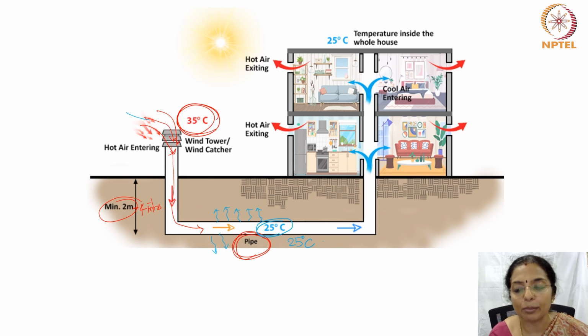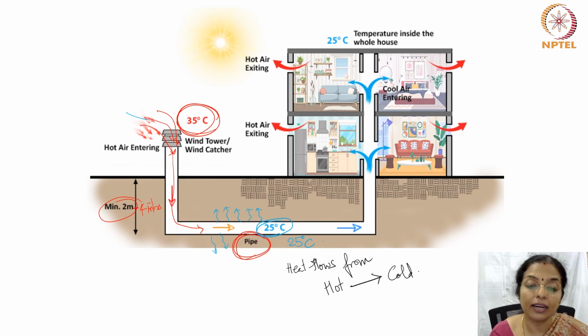Why does that happen? Simply because heat flows from hot to cold always, and not vice versa. Therefore, the air in the tube, which is warm, radiates its heat to the outside, and in that process it becomes cool, and this cool air enters the room.